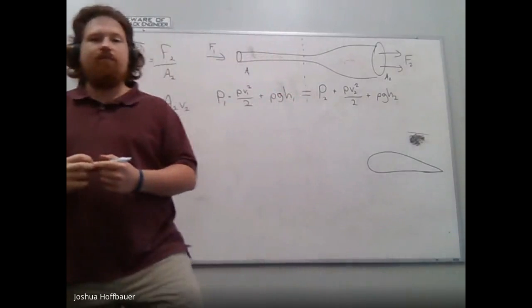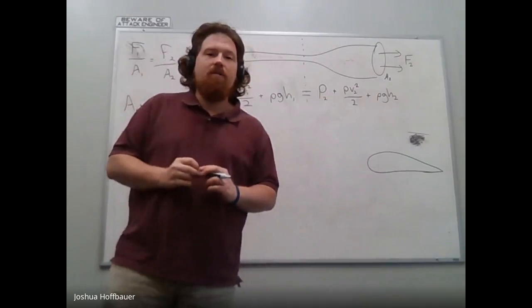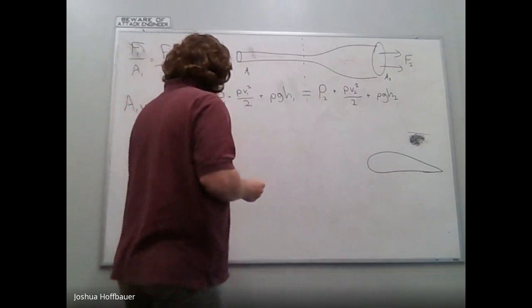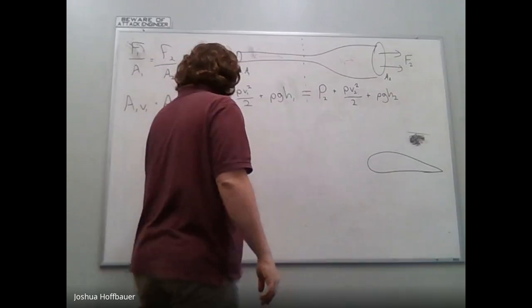To read the example through, Bernoulli's equation can also help us explain flight. Let's assume a model plane is flying at a velocity of 25 meters per second.